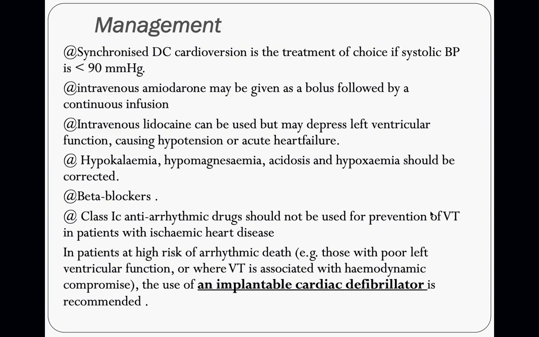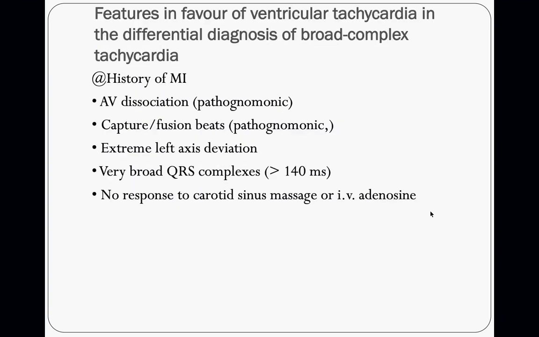So, if VT occurs and the patient has structural heart disease or heart failure, it is necessary for the patient to have an ICD. The ICD is to prevent future VT while the patient is at home or outside the hospital. Next slide.